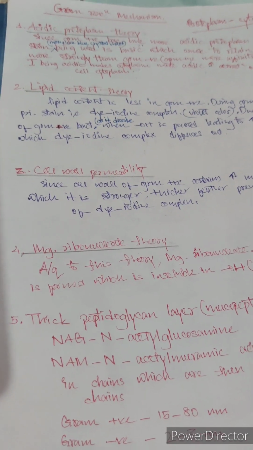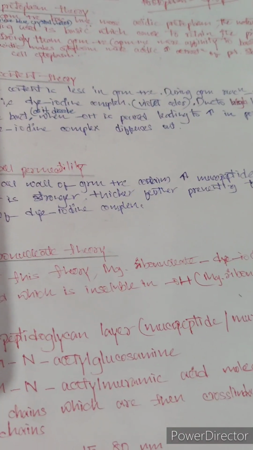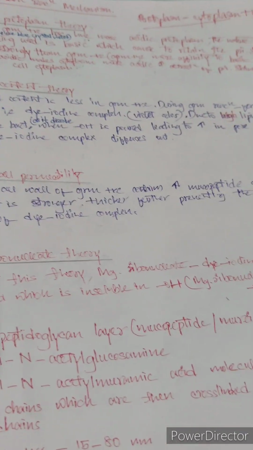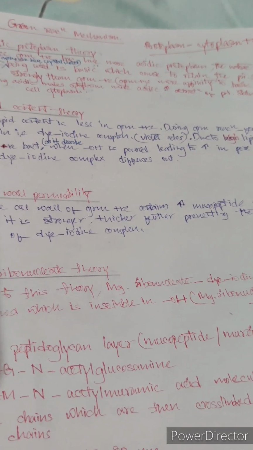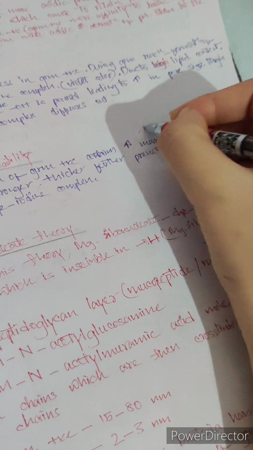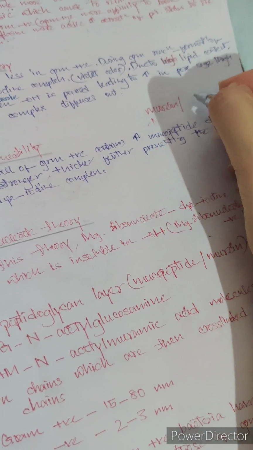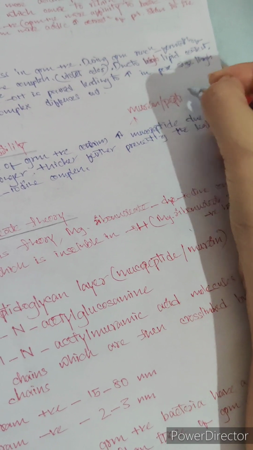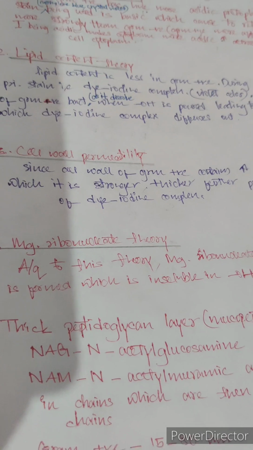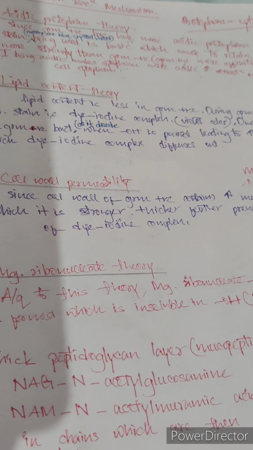I think you are all quite familiar with this point, because in gram-positive bacteria, the cell wall is basically comprised of mucopeptide, which is also known as murein or peptidoglycan, making it stronger and thicker and further preventing the leakage of diiodine complex.